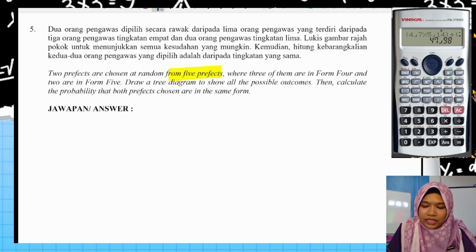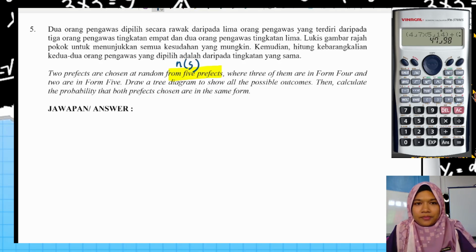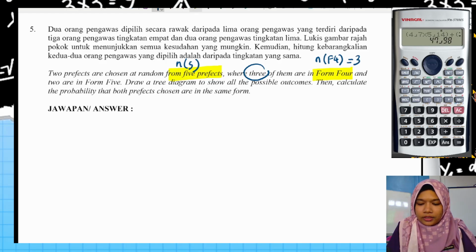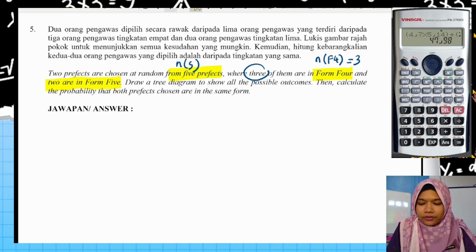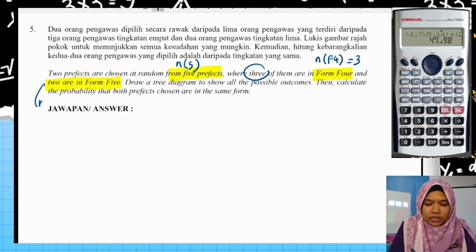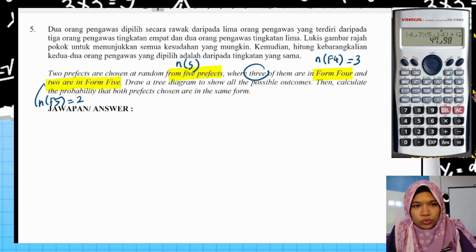So this one is the N S. Where 3 of them are Form 4. So untuk this one Form 4 ada berapa? There are 3. And 2 are from Form 5. So this one is N Form 5. Ada berapa? Ada 2.